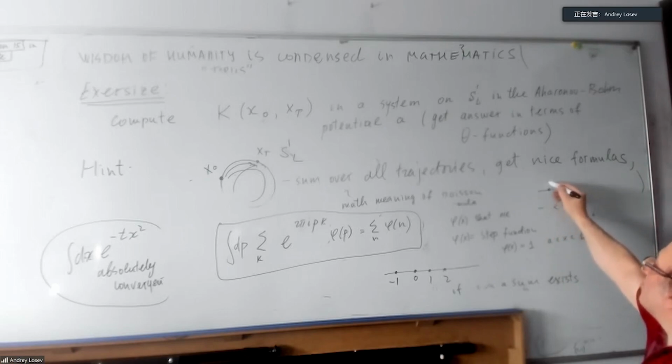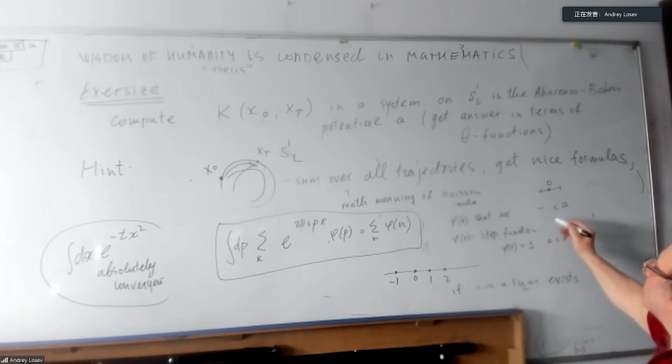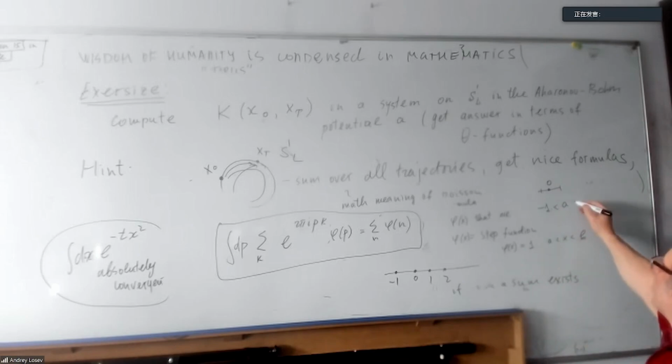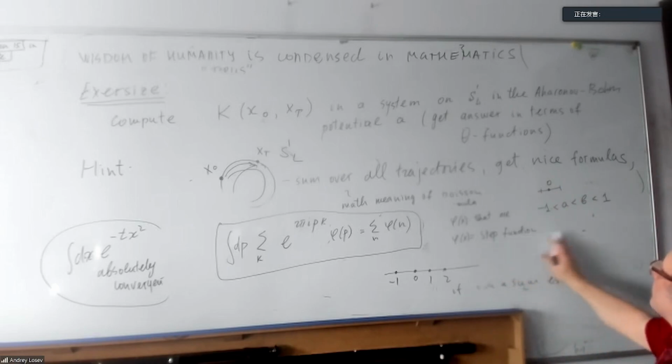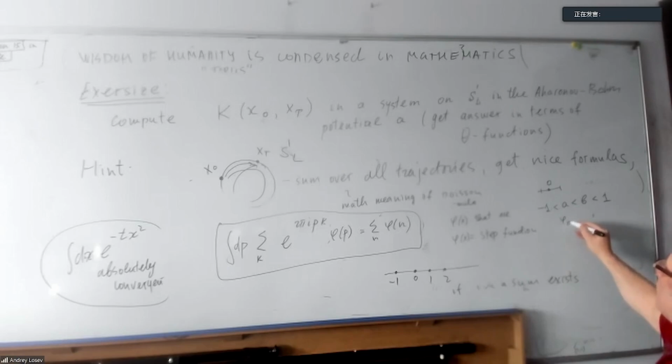So here I have 0, and here I have b, and here I have 1. Okay? Let me consider such a function. Phi ab equals 1 for x between a and b, and phi ab equals 0 elsewhere.